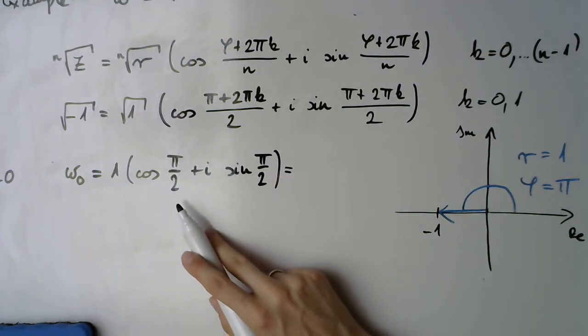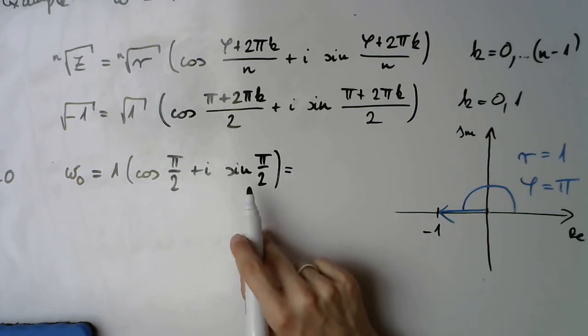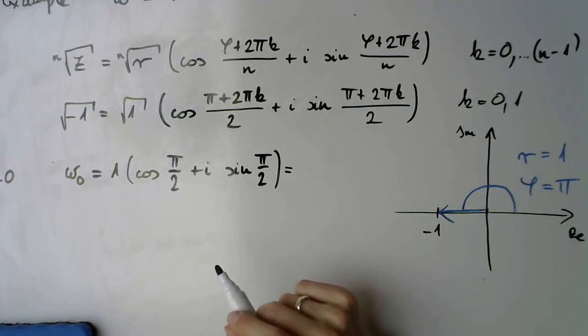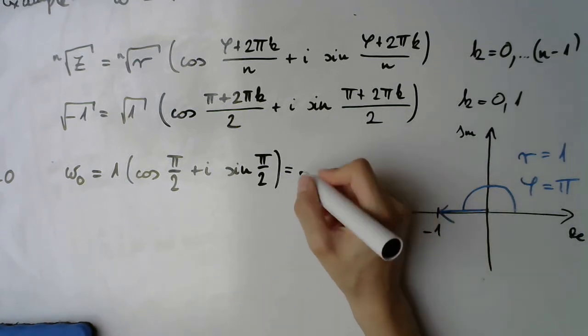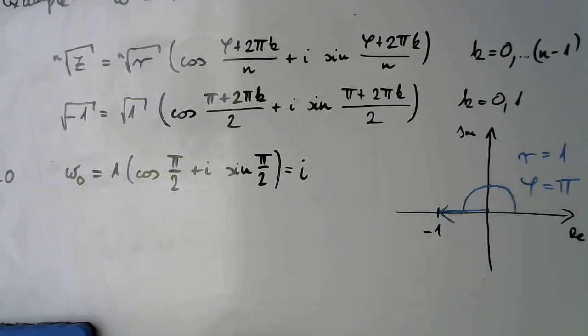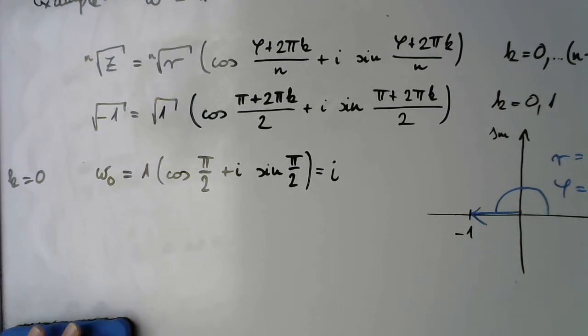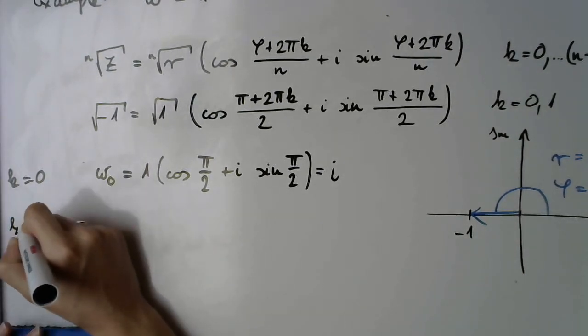The cosine of pi half is 0, the sine of pi half is 1. So this complex number is 0 plus 1 times i, for short, i. Let's see the other solution. So k equals 1 this time.